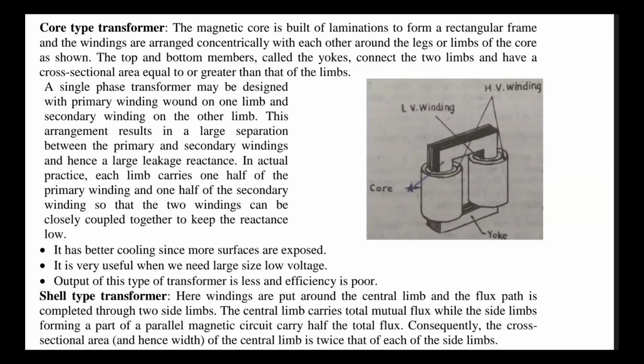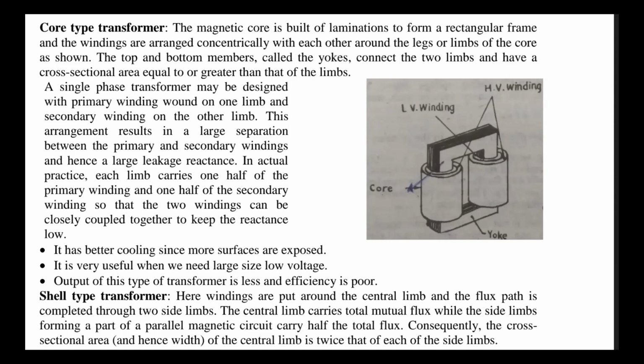Another common thing between these two, core type and shell type transformers, is that both the cores are the same. These are rectangular frames. This magnetic core is built of a rectangular frame of ferromagnetic material or any other material with high permeability. And these are laminated.